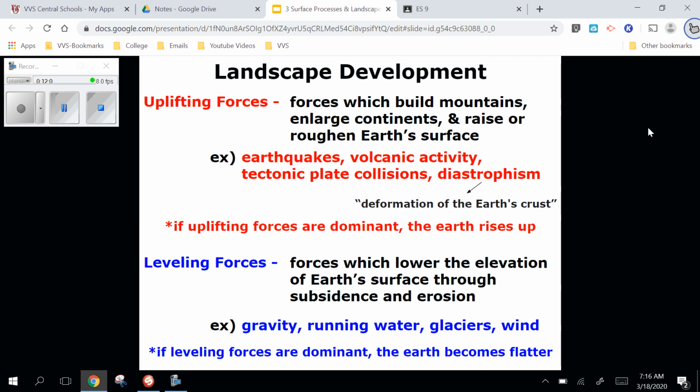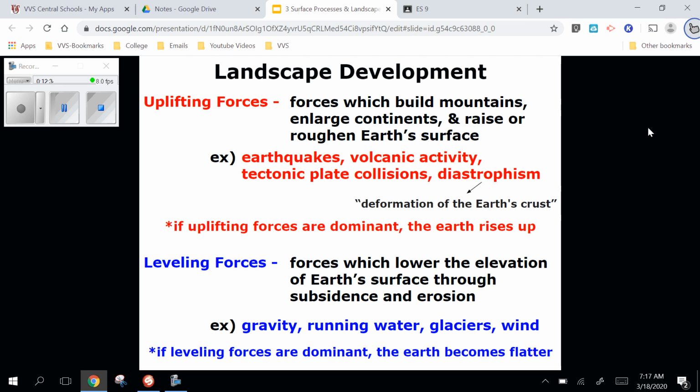It just depends on which force is at play at any particular moment as to what the landscape's doing. If those forces are in balance, overall, we're in what we call dynamic equilibrium, and the landscape doesn't really change much elevation-wise. But again, if we have more tectonic activity, the land is going to rise up. If we have more weathering and eroding forces, the land is going to go down.